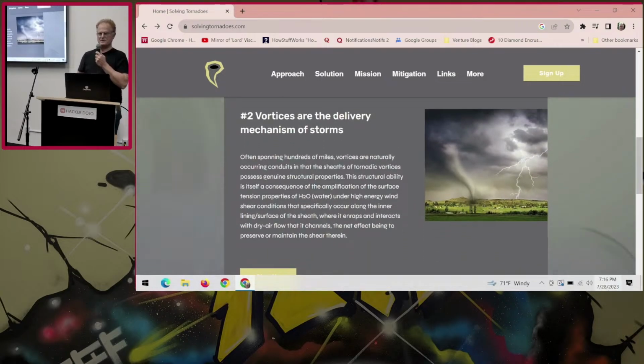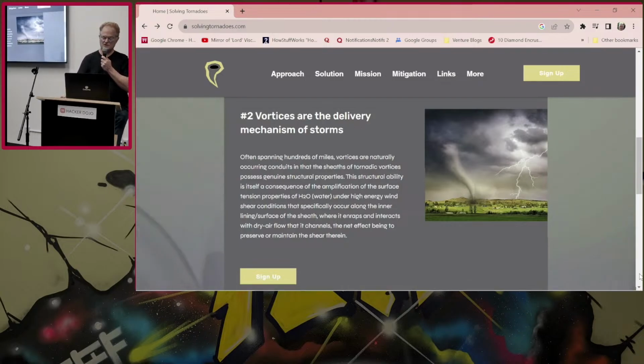And number 2 is vortices are the delivery mechanism of storms. So often spanning hundreds of miles, vortices are naturally occurring conduits in that the sheaths of tornadic vortices possess genuine structural properties.